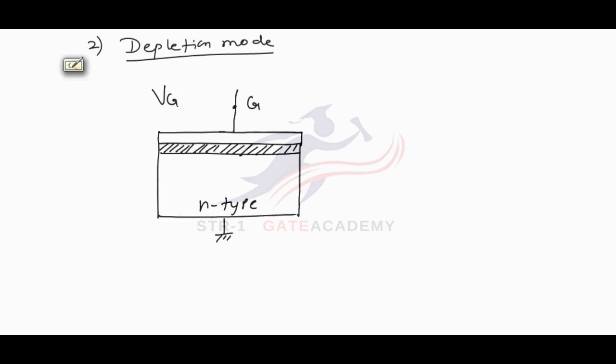Vg will be positive, but this voltage will be less than a voltage which will be defined later, called the threshold voltage. If the applied gate voltage is less than the threshold voltage, then the gate metal will be positive.